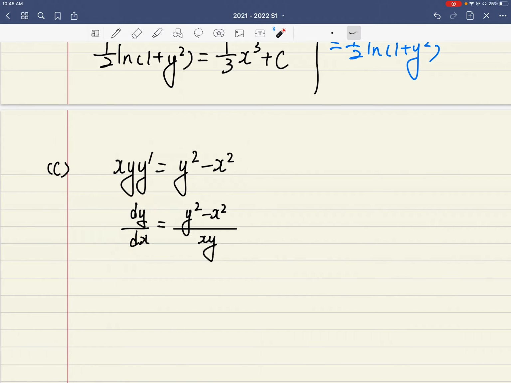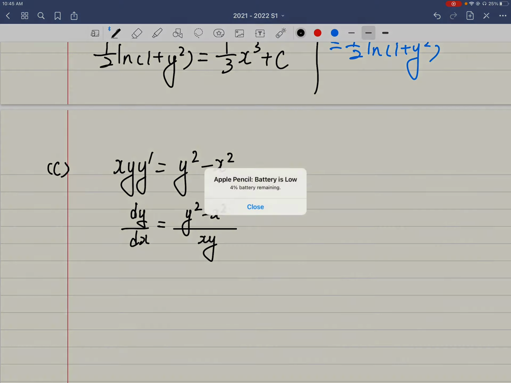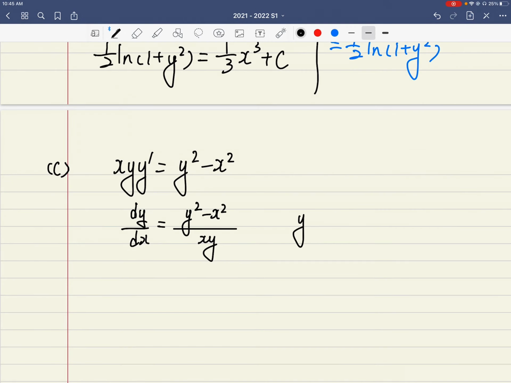And the left hand side is just dy over dx. The right hand side, the top and the bottom have the same power. Then it's a homogeneous ODE. And for homogeneous ODE, we have a standard method, right? We can let y to be v times x.